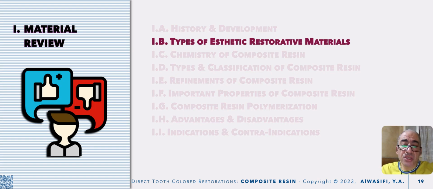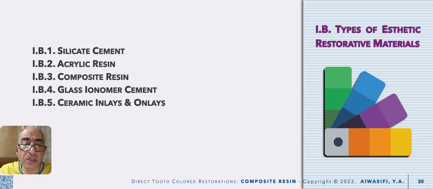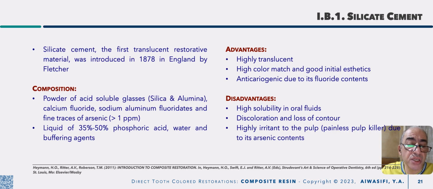When we would like to discuss the types of aesthetic restorative materials, it all, as we mentioned, started with silicate cement, which is acid-soluble glass or silica and alumina powders with calcium fluoride and sodium aluminum fluoride, with fine traces of arsenic, with a liquid of 35 to 50% phosphoric acid.